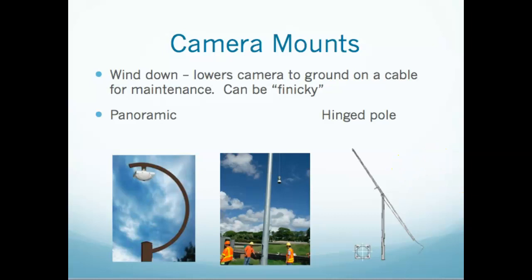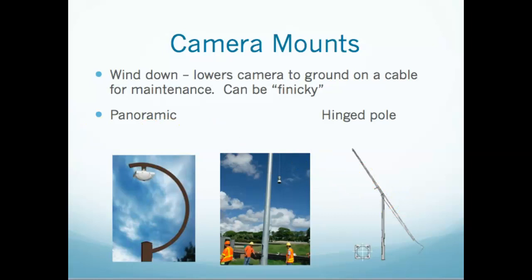But again, camera mounts, when you look at the different mounts, you need to determine a couple things. Your height, where you're going to put the camera, whether it's inside or outside, whether the ceiling can be drilled or can't be drilled, and then the cost of ownership. It's kind of a balance. Again, things like a hinge pole and a parapet mount cost more than a straight pole and a gooseneck.